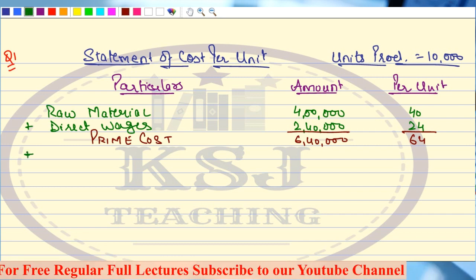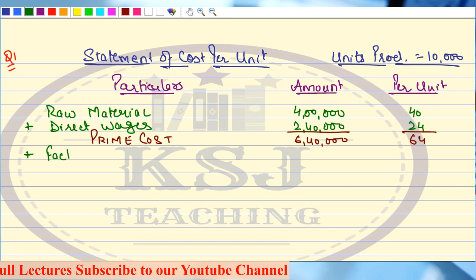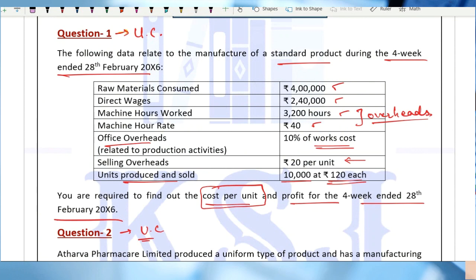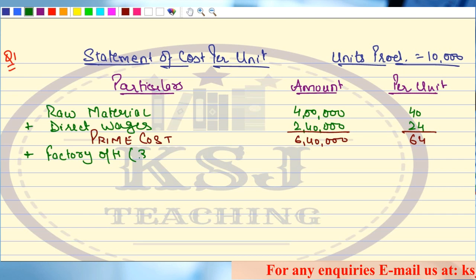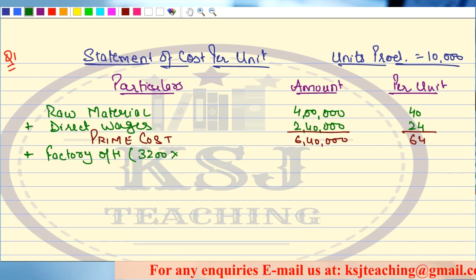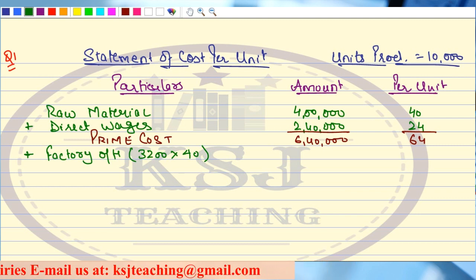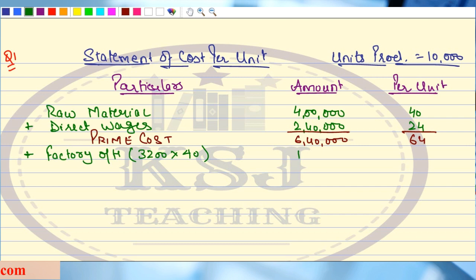Add factory overheads, that is to be calculated on the base of machine hours, 3200 multiplied by 40. So this comes to 1,28,000. And what is going to be the cost?